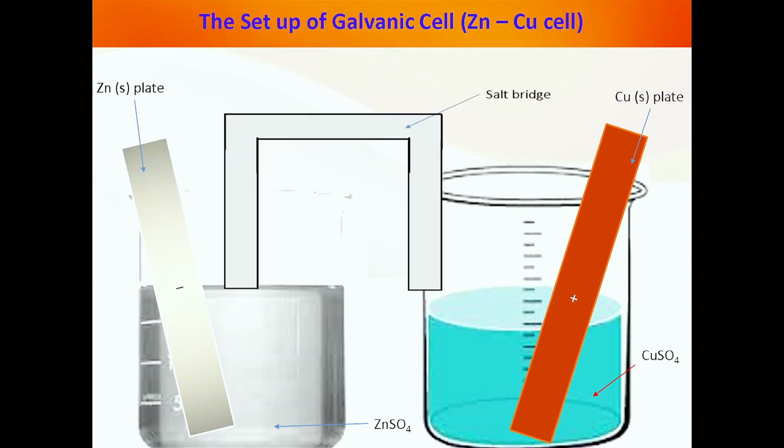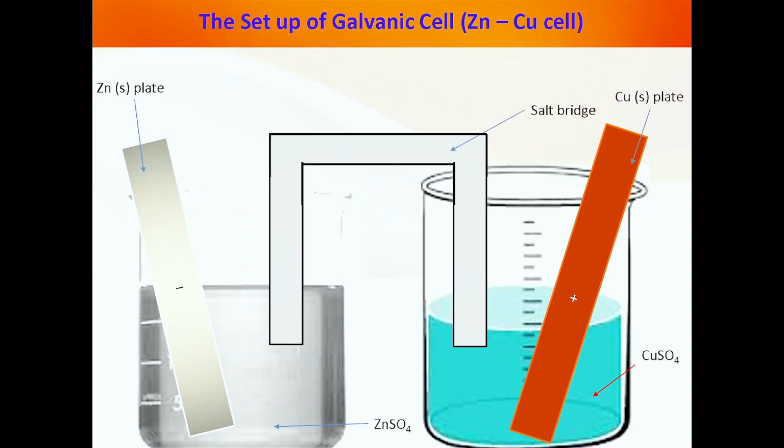Right, so we said the setup needs two half cells. So I have the zinc plate, I have the copper plate with the two beakers there. Then I will need a salt bridge that connects the two half cells. So as you can see, there's my salt bridge there. What I'm going to do, I'm going to put a solution inside there, which is potassium nitrate.